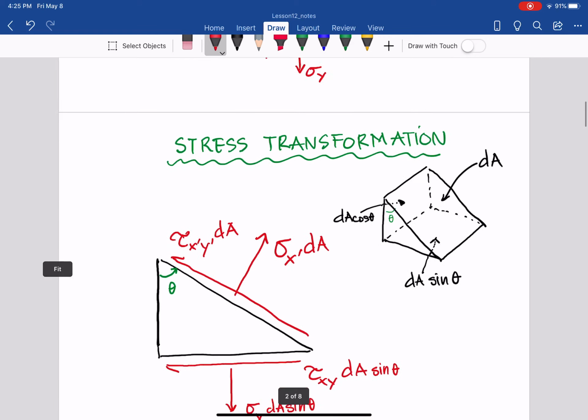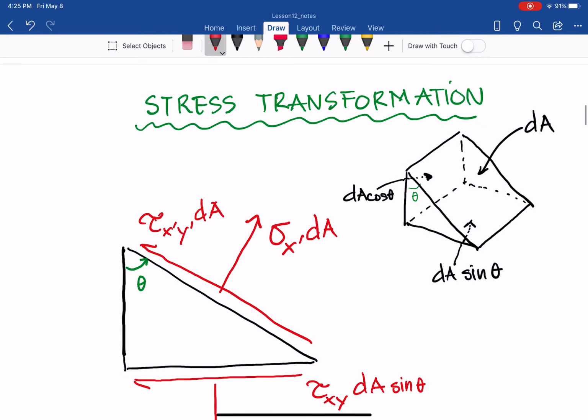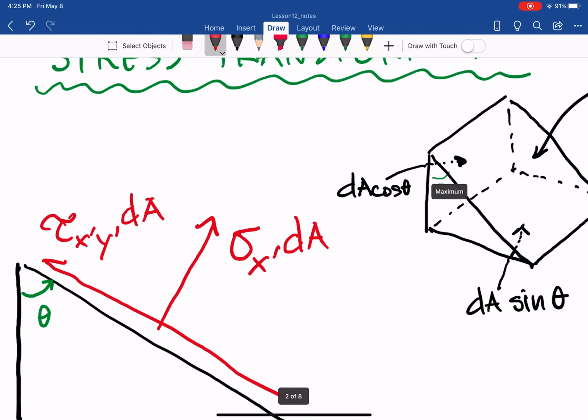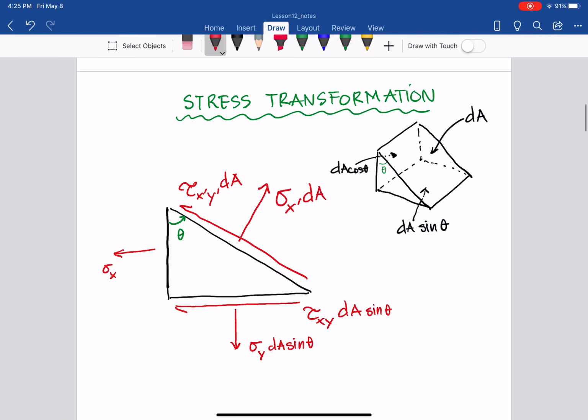And of course, similar for the vertical plane on this side, we have sigma x, and the vertical, so it's the back area dA cosine theta.